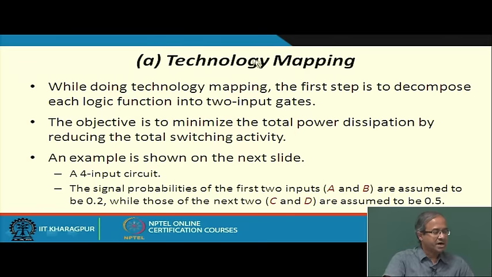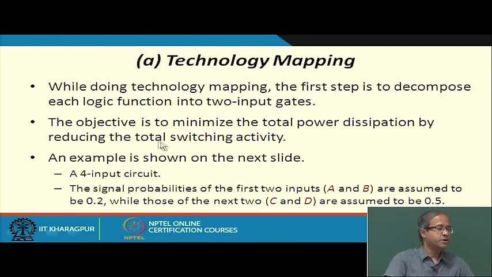So, here assuming that my technology library consists of 2 input gates, which is quite true. Of course, a few other types of gates are also there. So, here we are trying to define an objective function where we are minimizing or trying to minimize the total switching activity, because we know that the power consumption is greatly dependent on the switching activity.